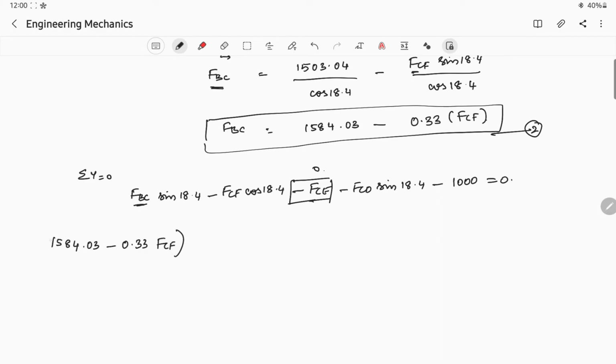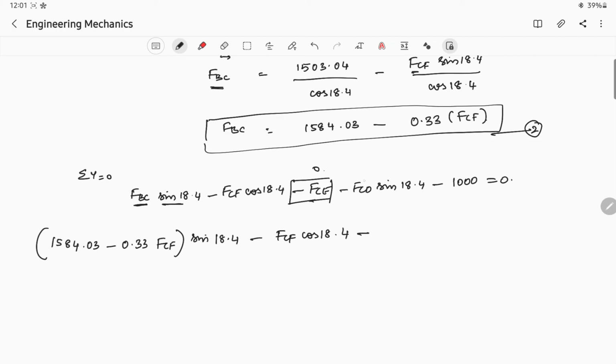This is force in member BC, this is FBC, then into sin 18.4 minus FCF cos 18.4 minus FCD.